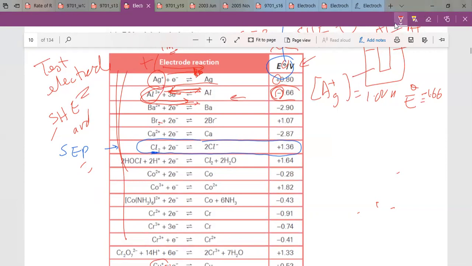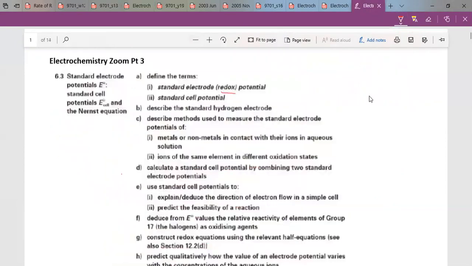Now I'm going to talk about the three uses. Here they actually sort of tell you, but I want to put it in correct perspective.